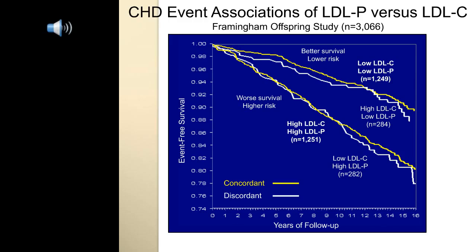But where the results were discordant, you'll see that particle number was superior, that we had better survival in those patients who had a low LDL particle number despite having a high LDL cholesterol, and worse survival in those who had a high LDL particle number despite having a low LDL cholesterol number. So again, just pointing to the superiority of LDL particle number over LDL cholesterol.